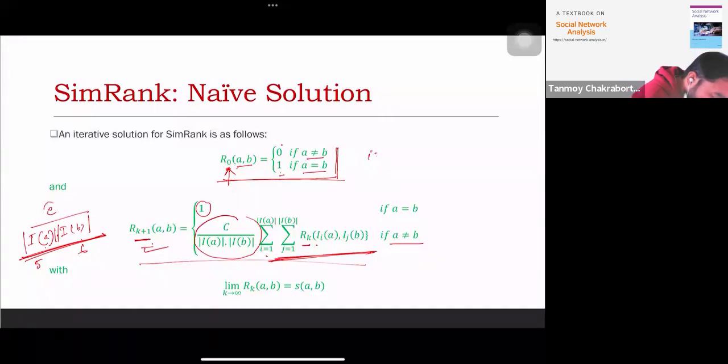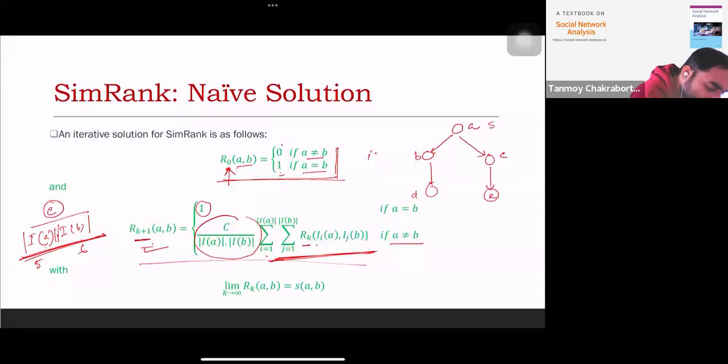Now this C, what it does, if you think of it carefully, this C penalizes when you move from 1 hop to 2 hop to 3 hop. For example, say this is A, and this is B, this is C, and D and E. So the similarity of A comma A is maximum, which is 1.